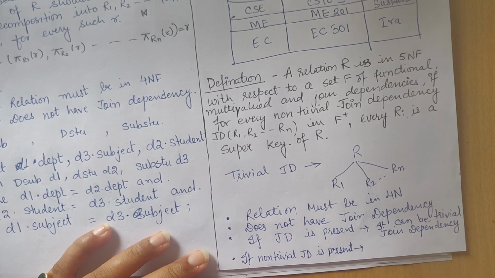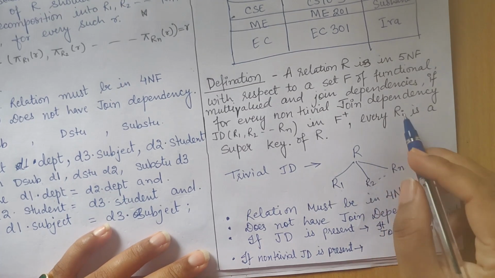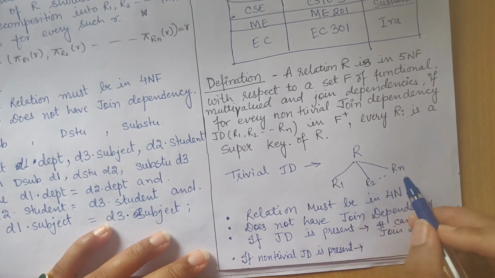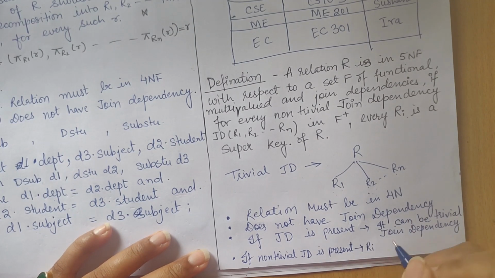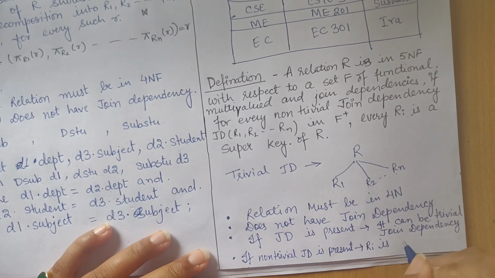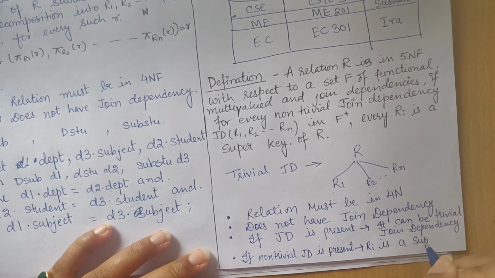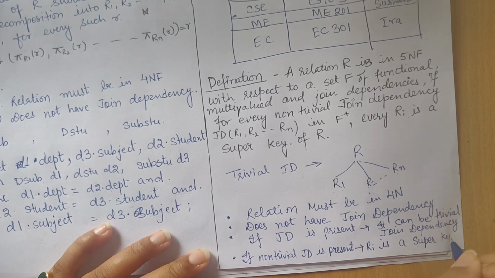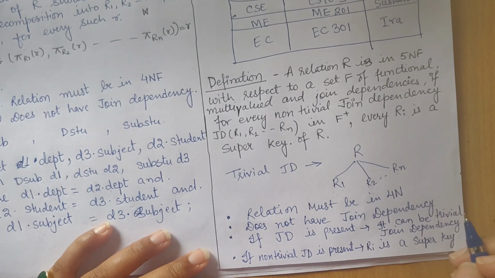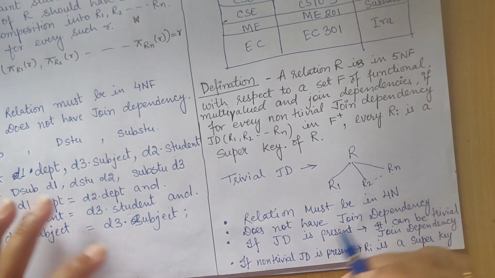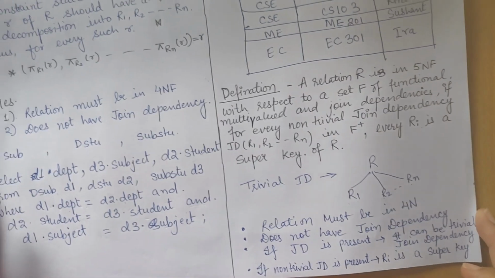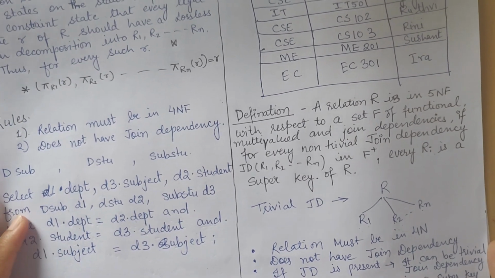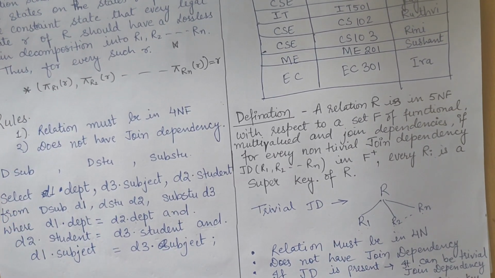If a non-trivial join dependency is present, then every Ri, R1, R2, every Ri is a superkey. If it is a superkey, it has the power to uniquely identify the tuples and the attributes, then it can be in 5NF. Okay, so this was all about your join dependency, 5NF, trivial join dependency, non-trivial join dependency.